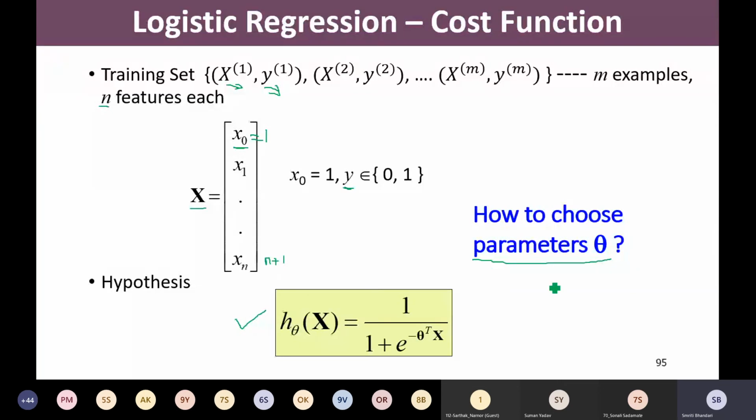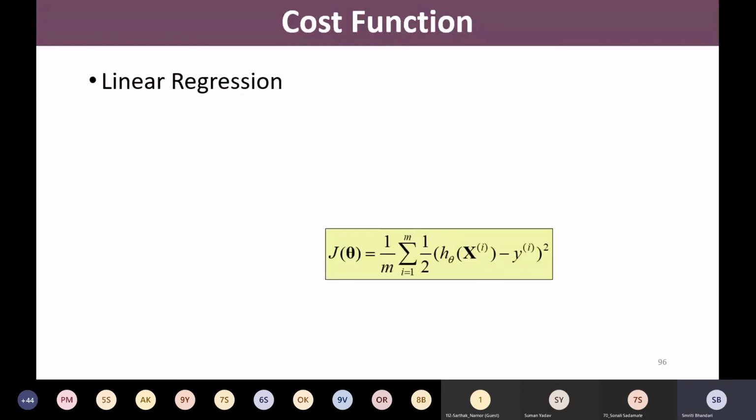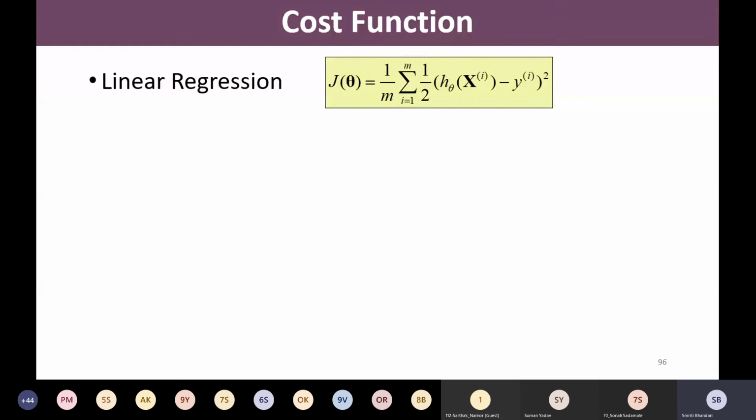To choose the parameters theta, what is important is that we should come up with a cost function. As I mentioned, in linear regression, we had the cost function J of theta like this: 1 divided by 2m, summation over i equal to 1 to m, of h theta xi minus yi, squared.